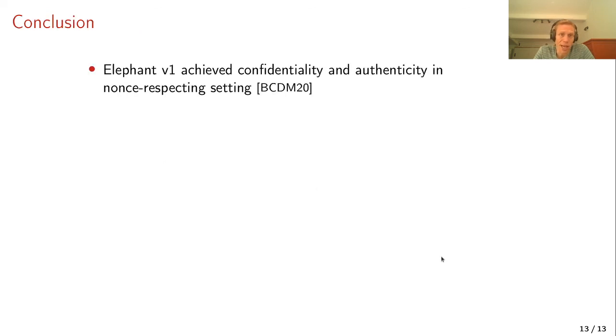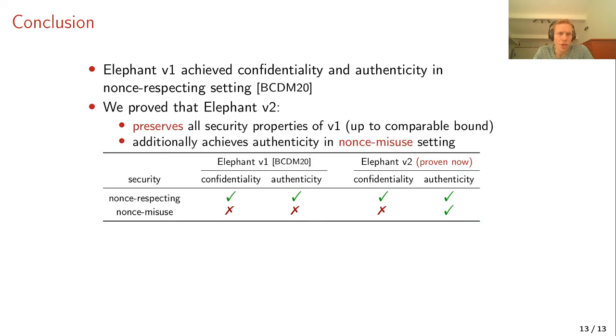To conclude, Elephant v1 already achieved excellent security, so confidentiality and authenticity against nonce-respecting attackers. We proved that Elephant v2 preserves all these security properties. So v2 preserves all good things of v1, up to a comparable bound. In addition, it achieves authenticity against nonce misuse attackers.